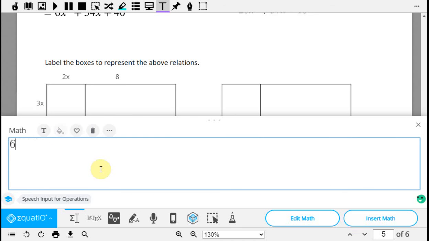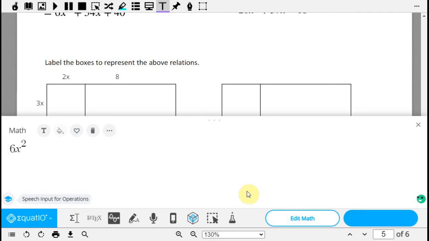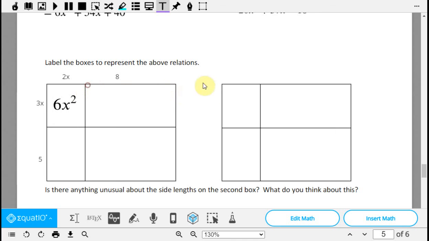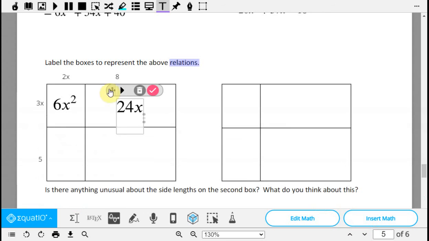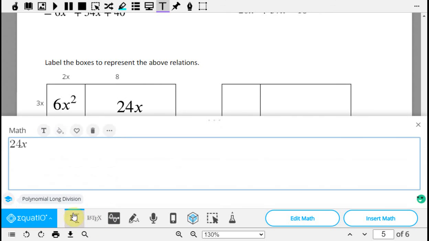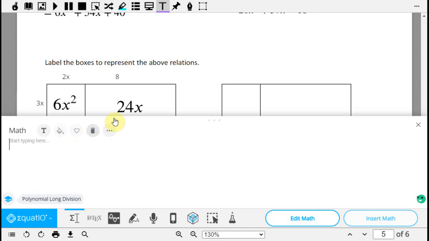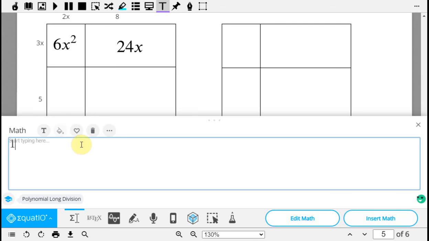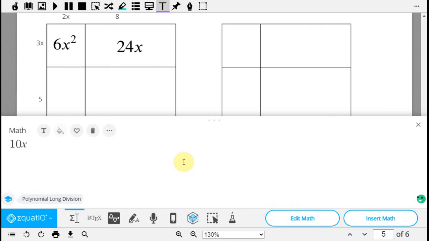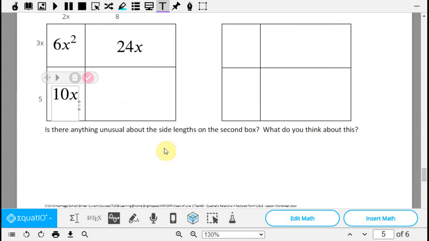3x times 2x is 6x squared. 3x times 8 is 24x. 5 times 2x is 10x. And 5 times 8 is 40.